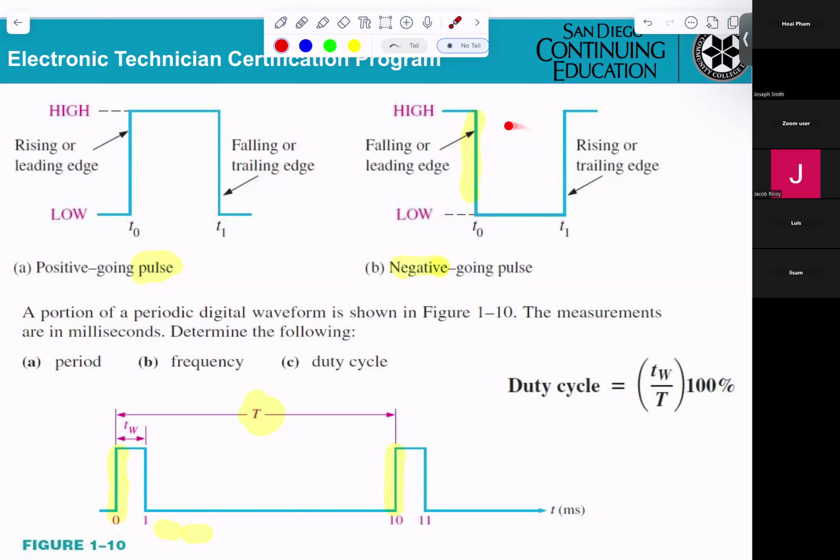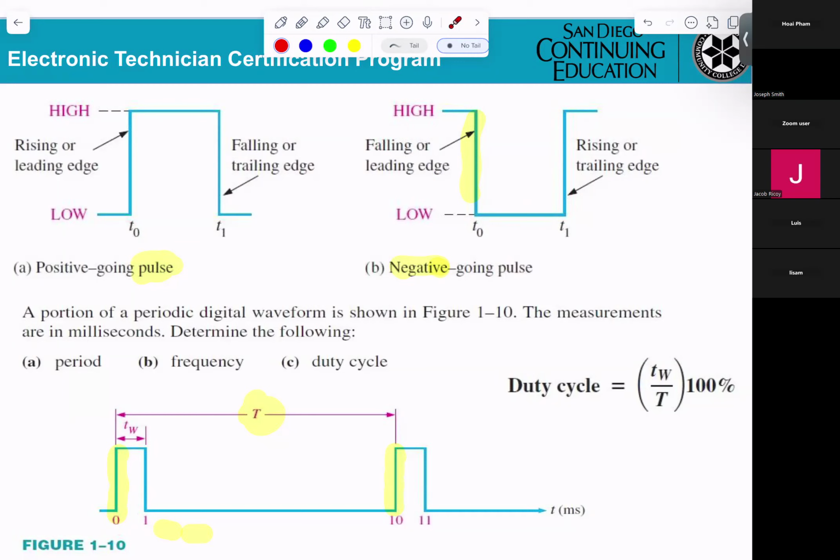This is the opposite. That means normally high. They go to low, go back to high. That's what they call falling edge. This will be rising edge, okay, negative going, positive, okay.